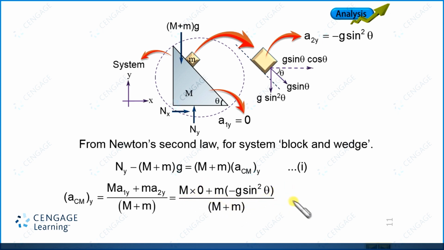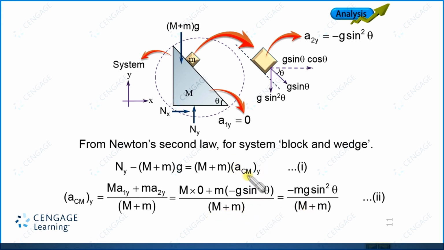So this is equal to minus mg sine square theta divided by (capital M plus small m). As we discussed previously, the acceleration of the system should be in the downward direction. So our assumed equation, Ny minus (capital M plus small m) multiplied by g equal to this one, can finally be written with the sign changed. Okay, so we got the acceleration of the center of mass.